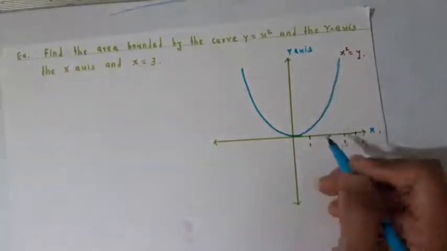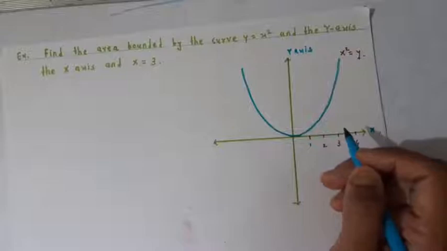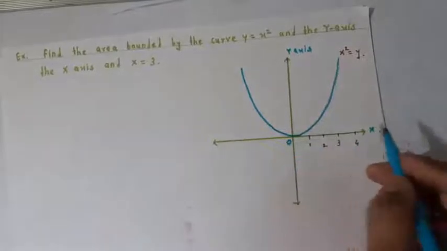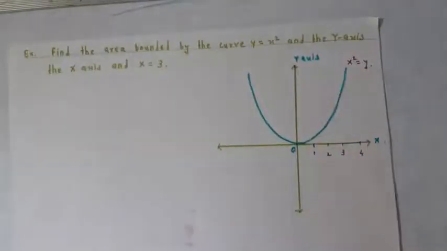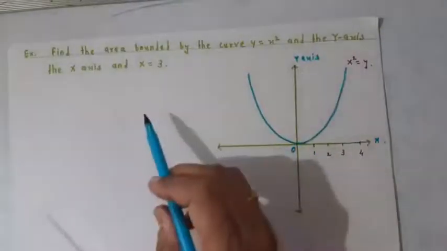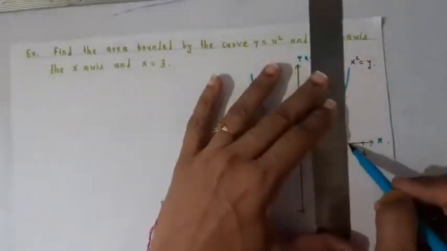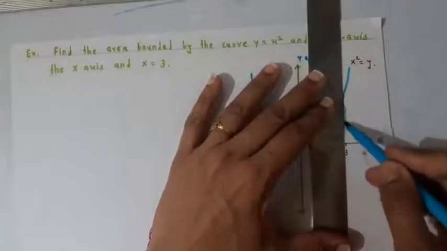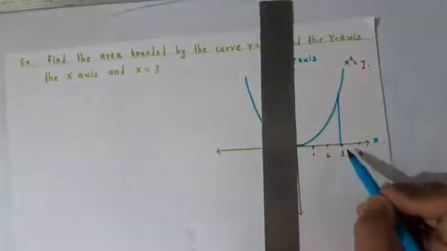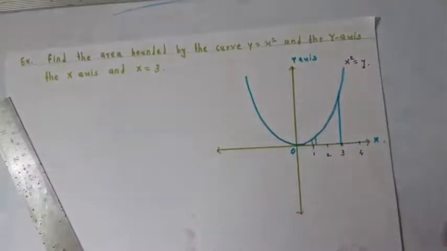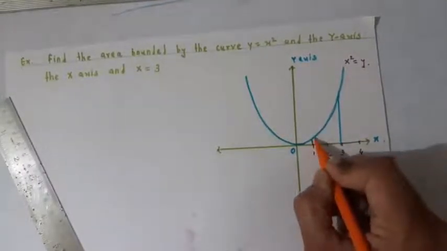Suppose this is the origin, and on the x axis, x equal to 3 means this line. We have to find out this area.